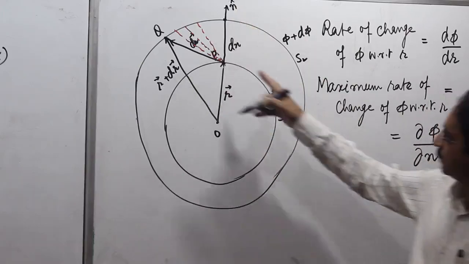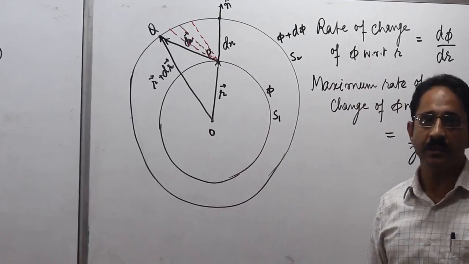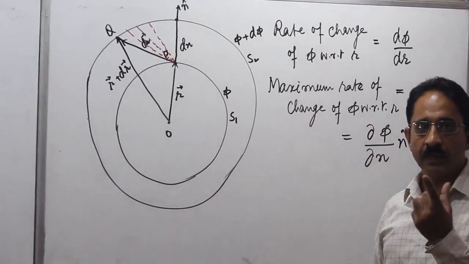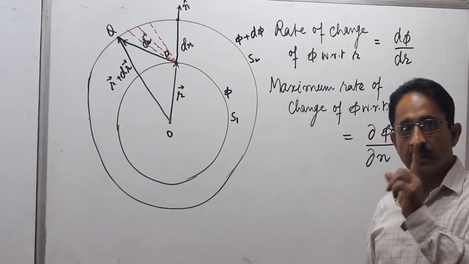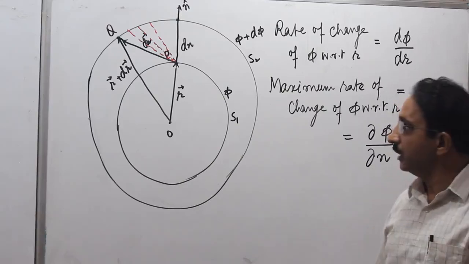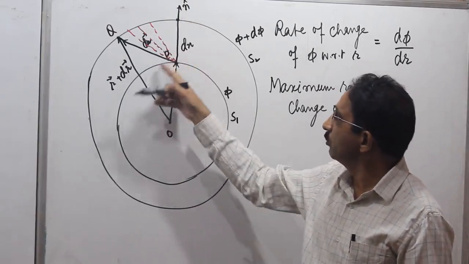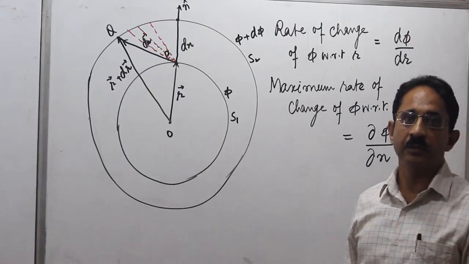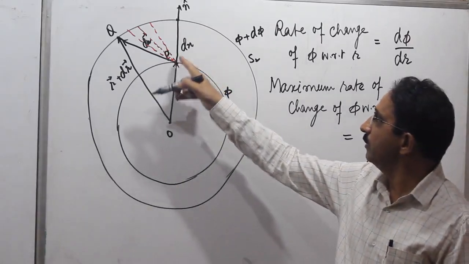Now, thinking of this rate of change as being the maximum, we have a definition of gradient. This maximum rate of change of phi with respect to the distance occurring along a direction which is perpendicular to this level surface. This is a direction perpendicular to this level surface, or it is occurring along the direction where it can be maximized.